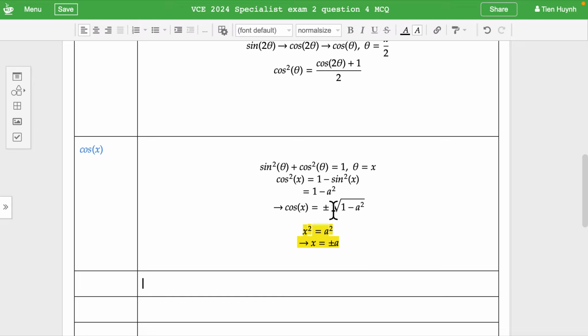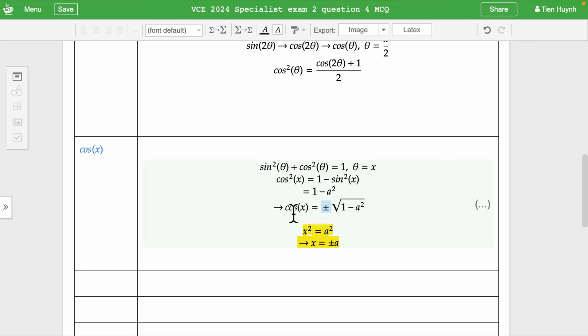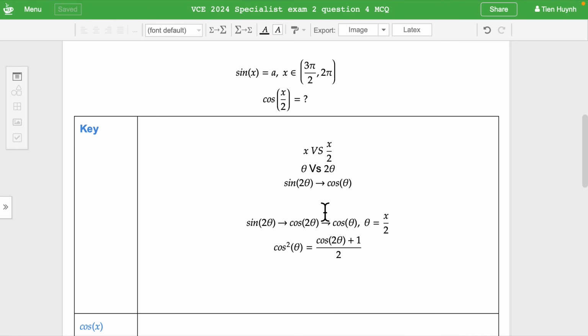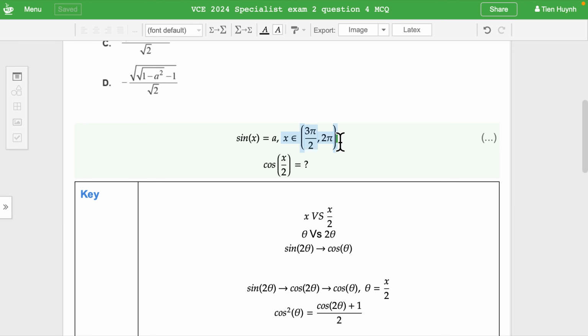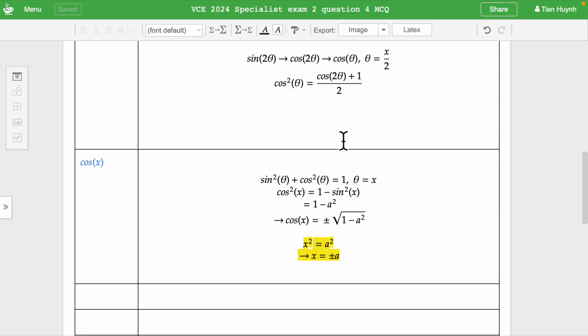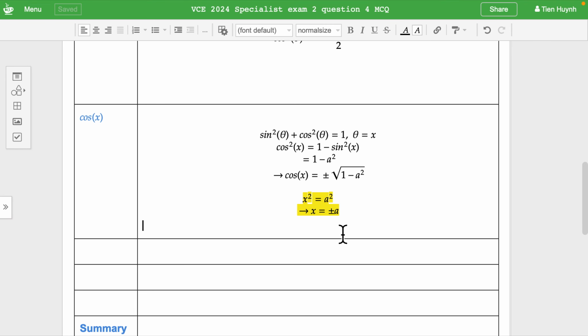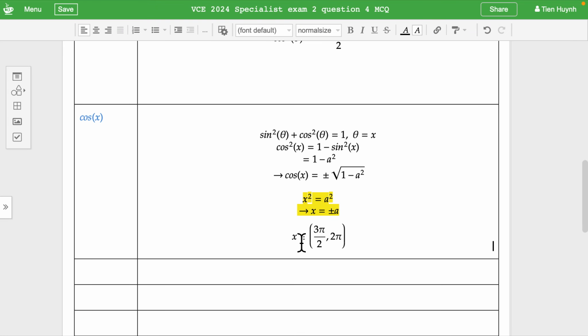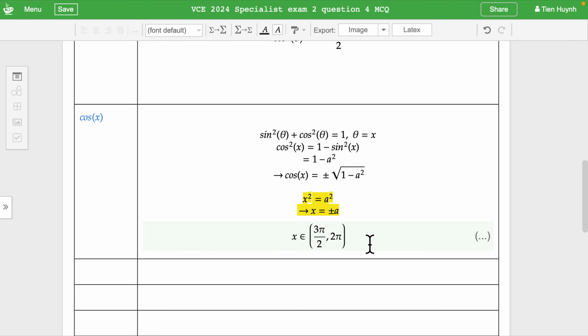Now we have two choices for cosine of x, either plus or minus. How do we know if it is plus or minus? We need to look at the quadrant, because x belongs to this quadrant, which is actually quadrant 4.